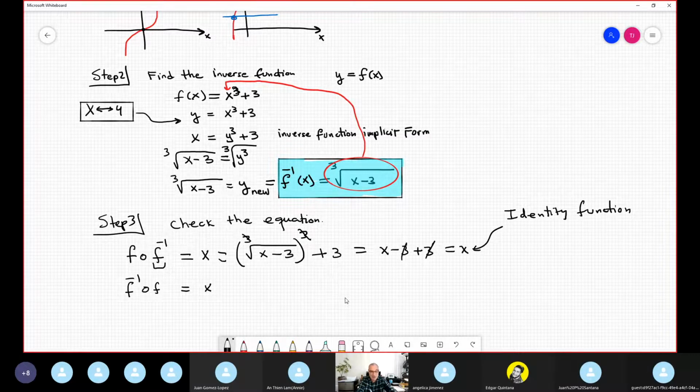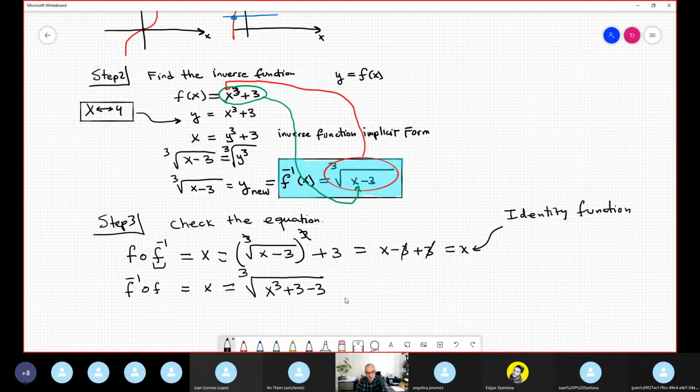Likewise, if I try in the opposite direction, look. Let me use green color. Plugging this here, now we have the cubic root of x cubed plus 3 minus 3.